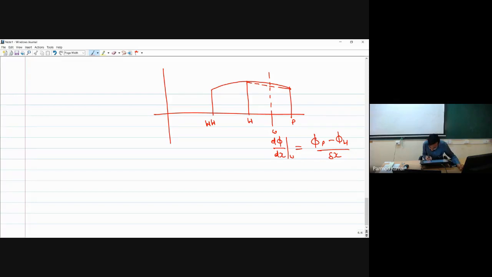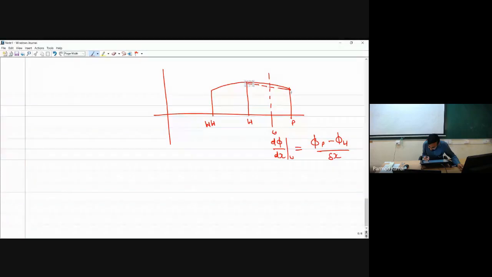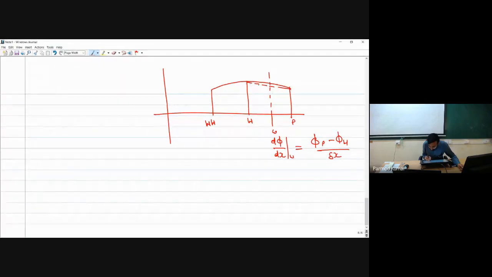And what I can do over here is consider that this is a quadratic equation, so it will be of parabolic nature. Over this parabola, if I consider this as one chord, then d phi by dx at face W will be a tangent passing through the midpoint.